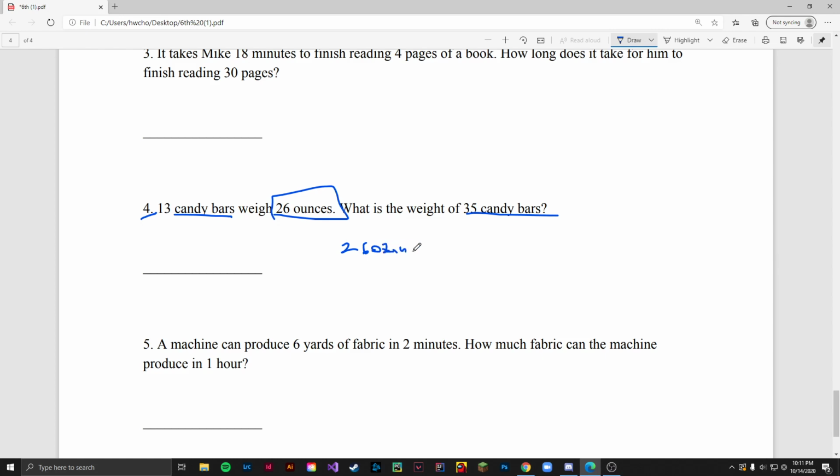I'm just going to write 26 ounces over 13 candy bars. We're trying to find the ounces for each candy bar. That's what per means, like miles per hour is miles for each hour. Anyway, you divide and you get 2 ounces for each candy bar. But if you have 35 of those, it's going to be 2 times 35, which is 70.